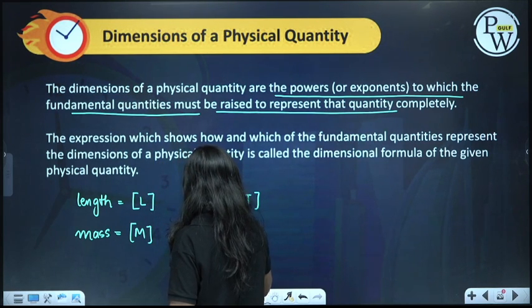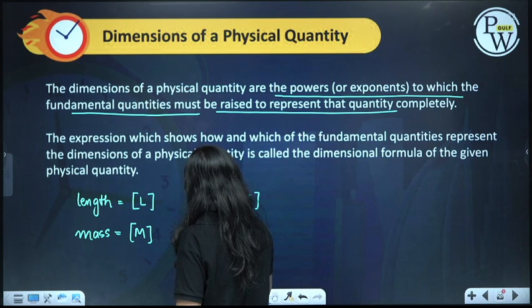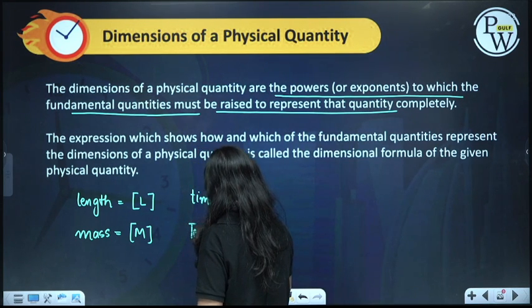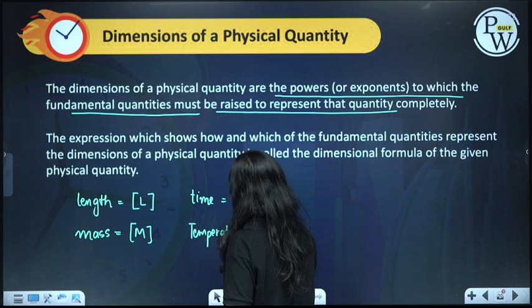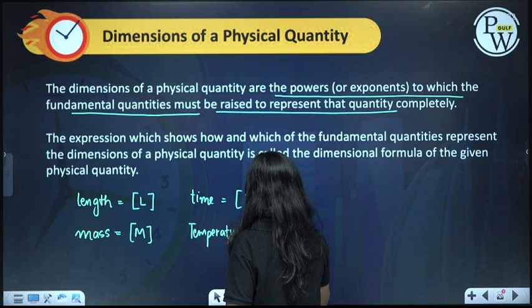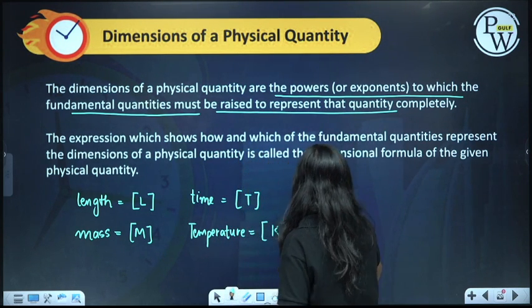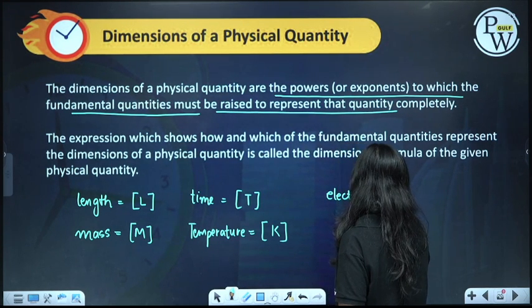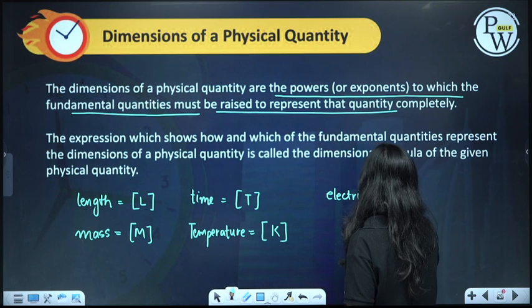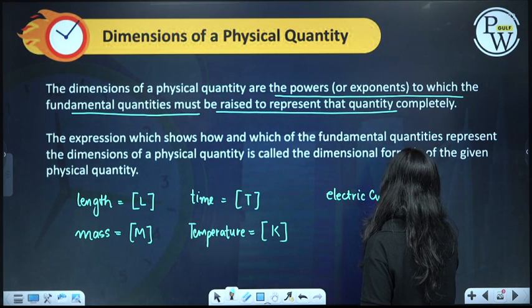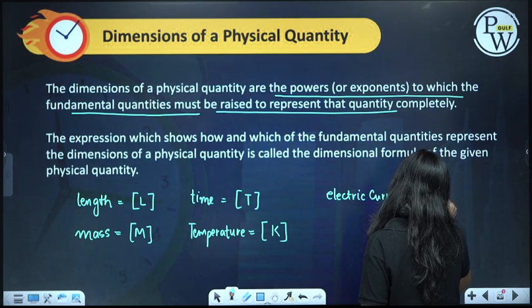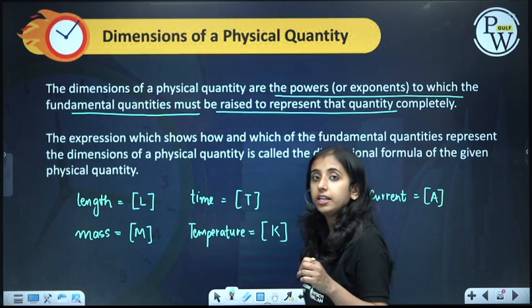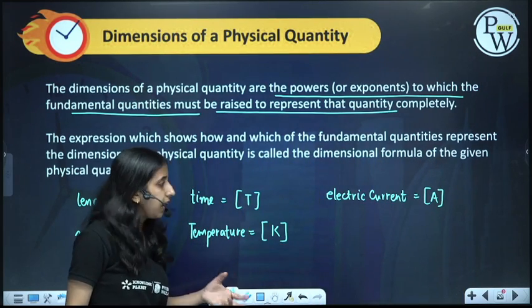Then temperature, we write it as capital K. Electric current, we write it as capital A. Similarly, luminous intensity as CD and amount of substance as mole.